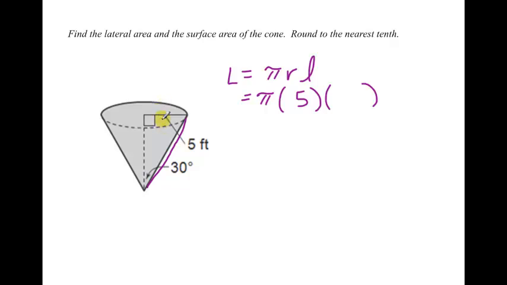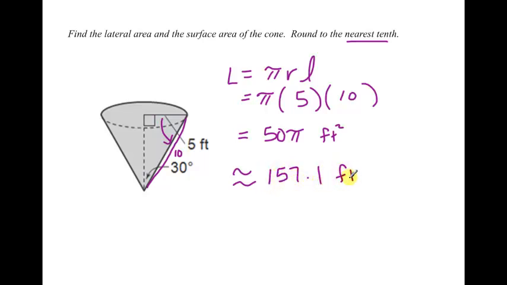So if this is 5, I can get that slant height just from my special right triangles: 10. It's nice to know those. So we just need to put it all together and call it 50 pi, and this would be in square feet. And, oh, I thought we were done. Nope, they want an approximation to the nearest tenth. So last step, grab a calculator. And we got that to the nearest tenth: 157.1 square feet.